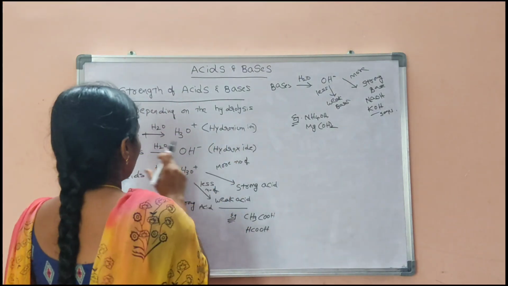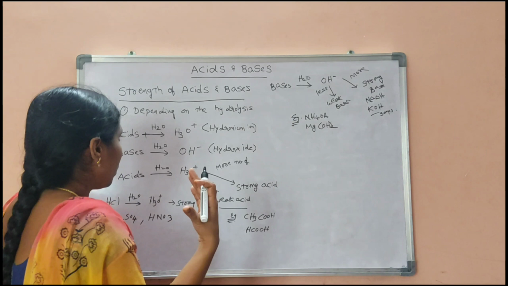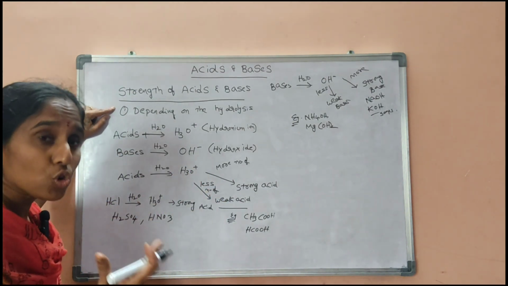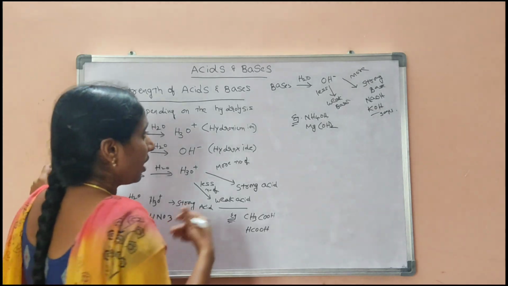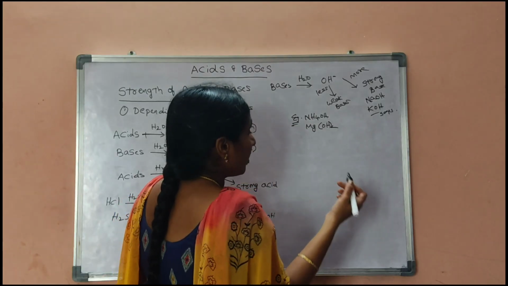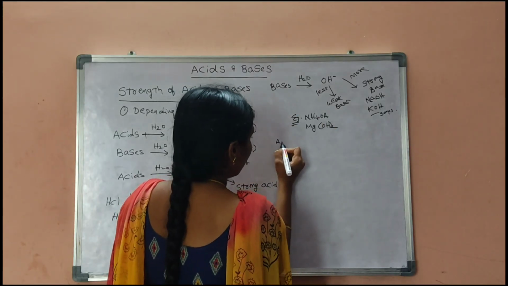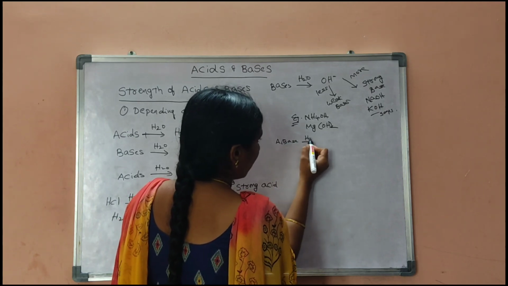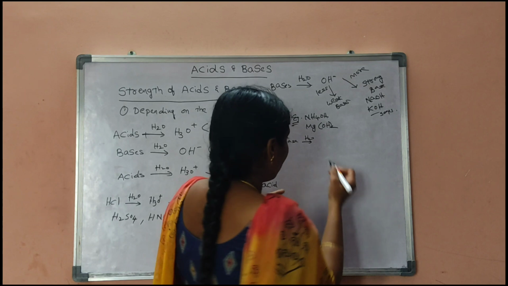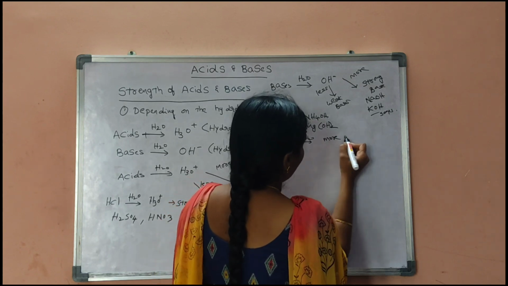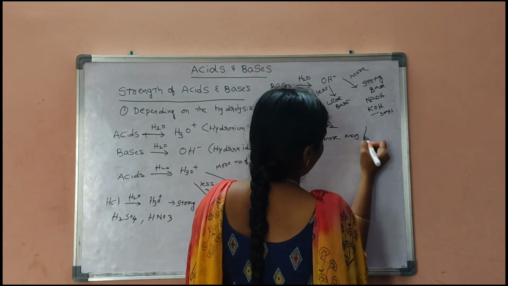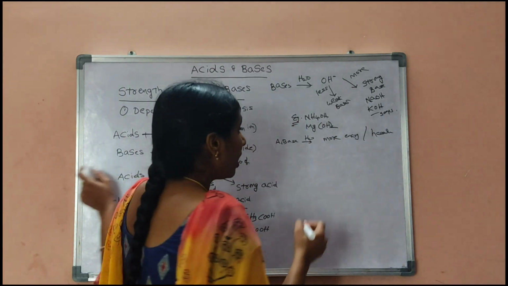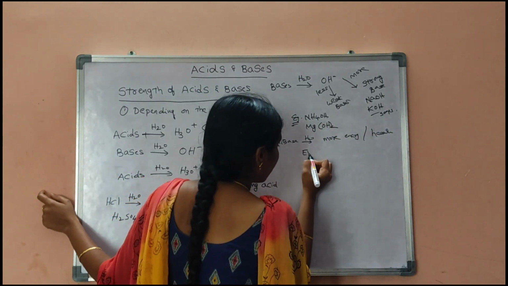Next, depending on the hydrolysis, how can you say which acid is strong or weak? Acids or bases react with water. Acids and bases react with water to produce more energy, more energy or heat. So, these reactions are called exothermic reactions.